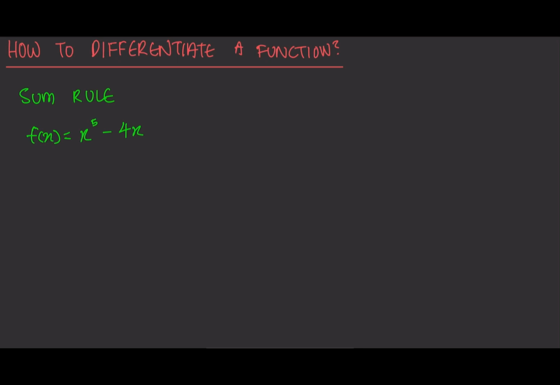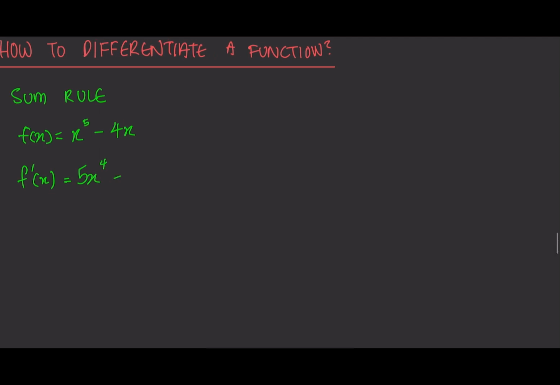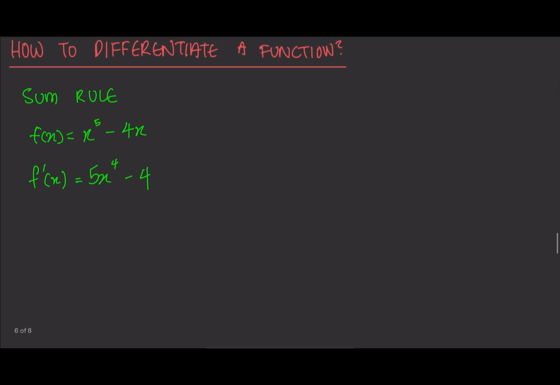Simple, right? We get f'(x), which is also the notation to differentiate a function, equal to 5x^4, if we differentiate the first part, then minus 4, because we differentiate the second part.